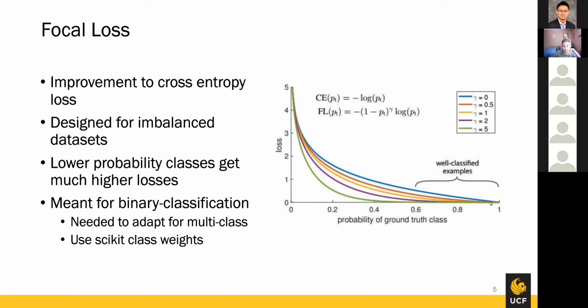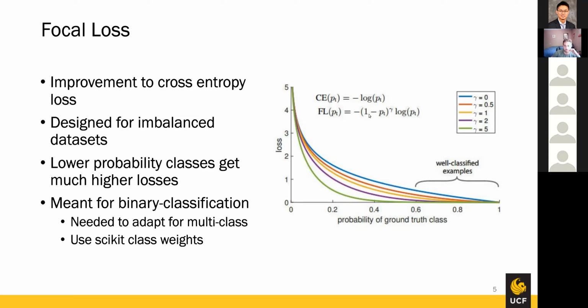But let's say there's the healthy red blood cells with 99% probability of showing up, it'll get a very low loss for a misclassification. So basically you get penalized more for the lower probability classes, which is very useful for the imbalanced data sets. This gamma term here sort of just defines the curve. What I found is that people find a lot of success with 2, so that's what I use.